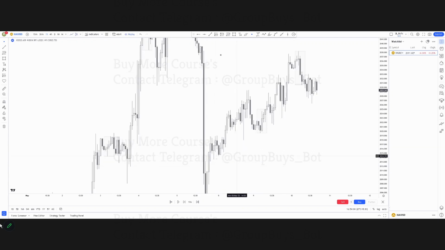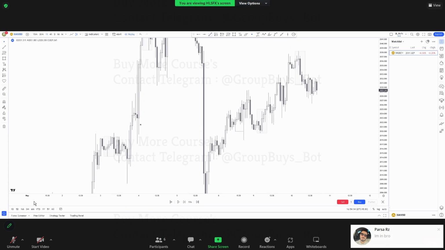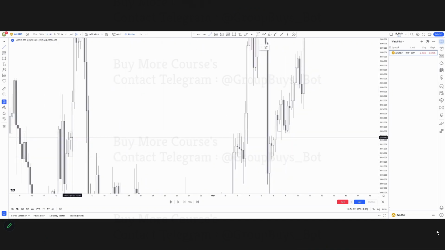Once I see a strong low, I need to see liquidity. The liquidity is here. So I look for a point of interest somewhere around here, something closest to it. Is this my point of interest? No. So I go to the higher time frame to look for the point of interest. There it is.